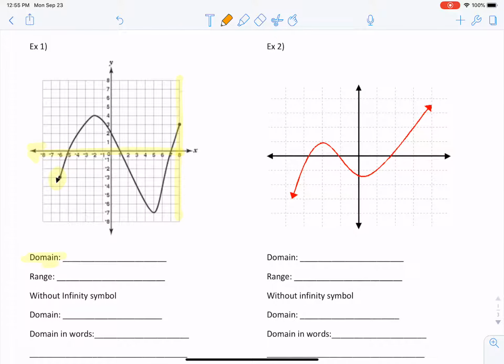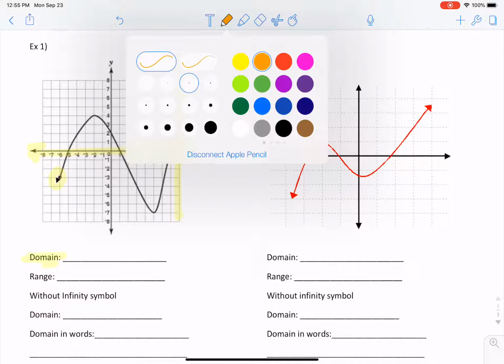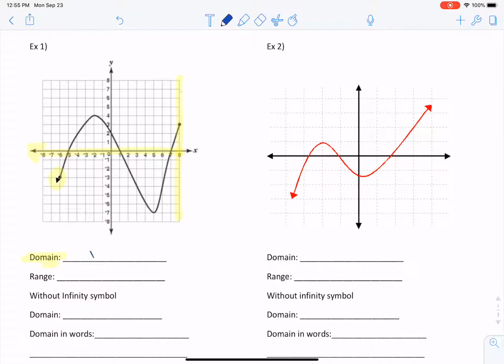So my domain is the x values in between negative infinity and positive 8. Or, we're going to write it without the infinity symbol down here. So without the infinity symbol, I say that x is less than 8. But that inequality needs an or equal to because the 8 has a closed circle, okay? This arrow, remember, is going to go on and on and on, negative infinity.